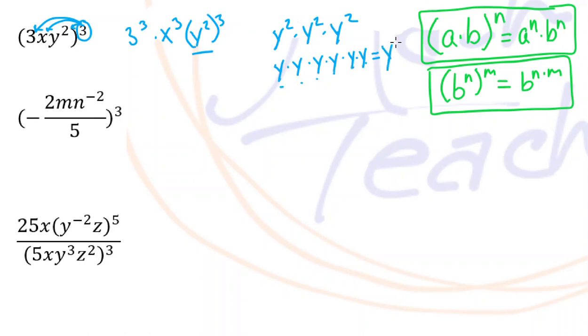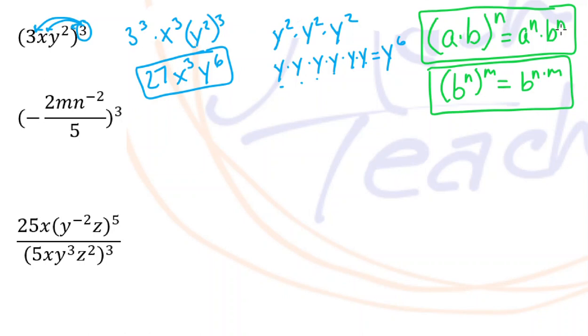So 6 y's being multiplied together is y to the 6th power, which is 2 times 3. So we have y to the 6th power, x cubed, and then 3 to the 3rd power, 3 times 3 times 3, is 27. And there we have our answer to this problem.